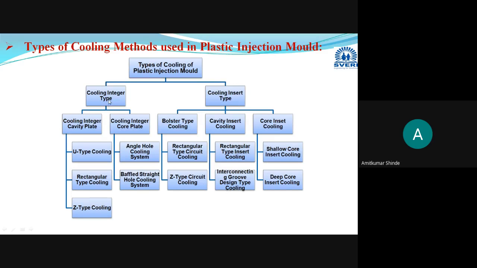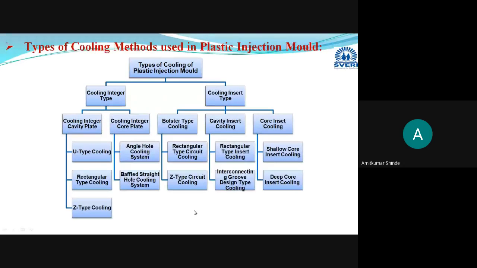Basically, these are divided into two types, depending on the way we provide the cooling channel and its location, and the path followed by the cooling fluid, generally water only.